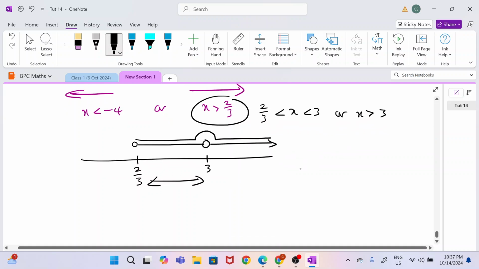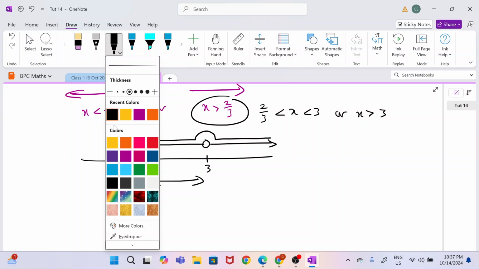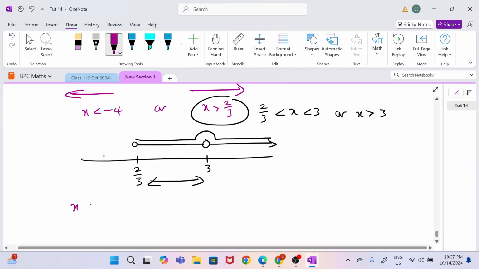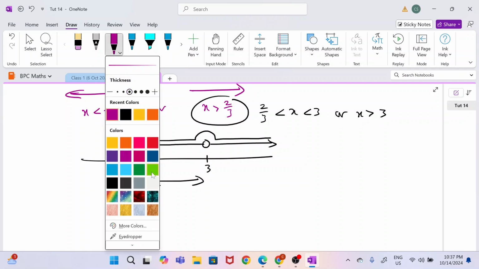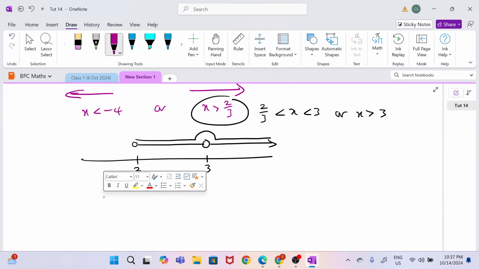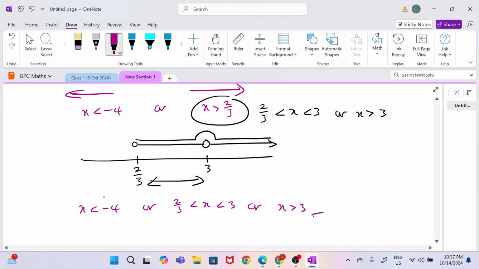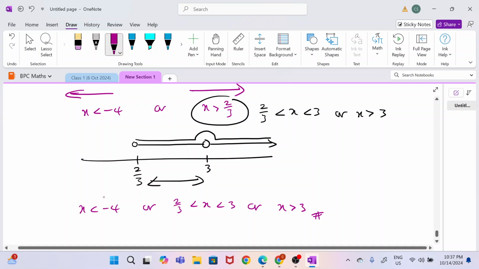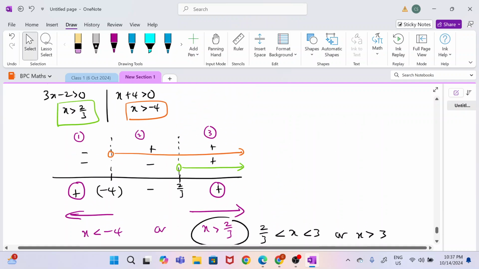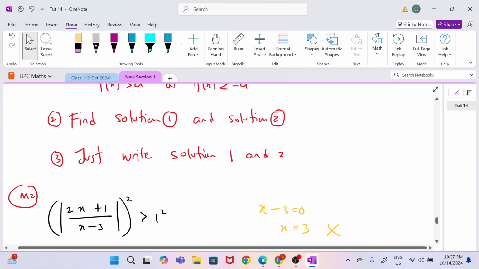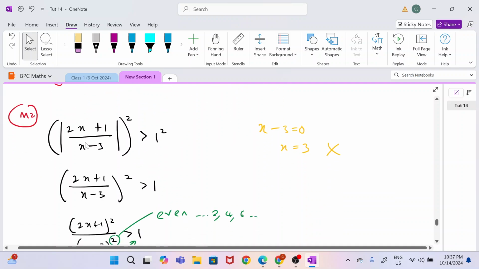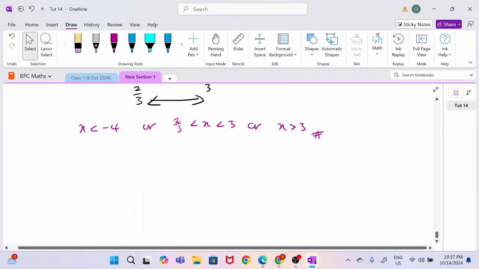So the answer here is x, or, this is the answer. Okay, be careful. Okay, second method, double check. We don't want the x to be 3, we don't want the denominator to be 0. So that's how we do this.